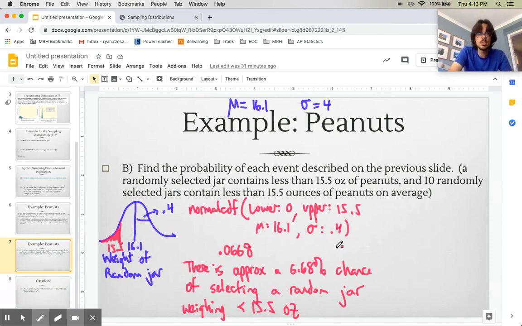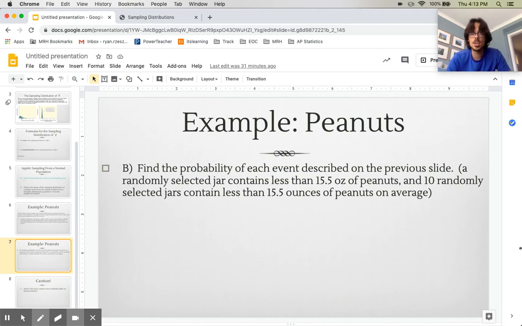I'm going to go ahead and delete this, and then I'm going to show you how you set up the new problem. This second question is asking about the average of 10 jars. As soon as you see that you're taking a sample and you're looking at an average, now we're in chapter 7 territory. We want to know how likely a certain value for our sample mean is. That's exactly what this chapter does.